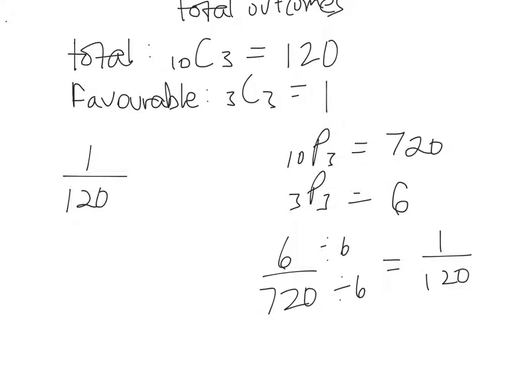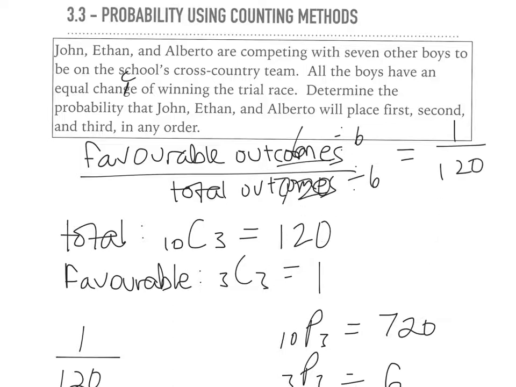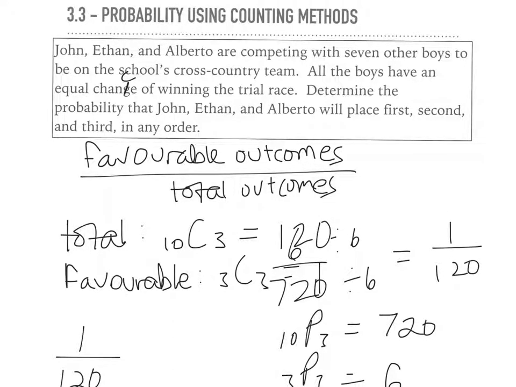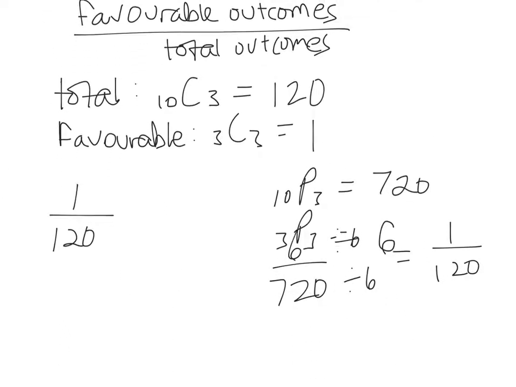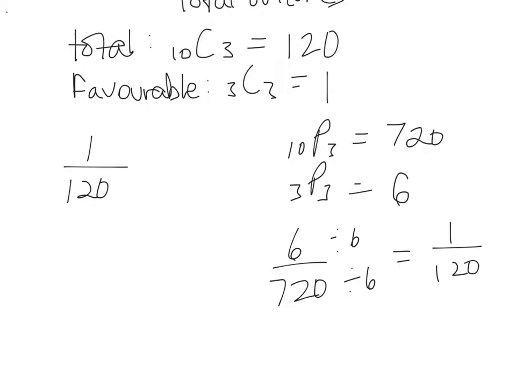Now the difference here is pick. All you're saying is that if John gets first and then Ethan gets second and Alberto gets third, that's different than if Alberto gets first, and John gets second, and Ethan gets third, and you're counting those each as a different permutation.